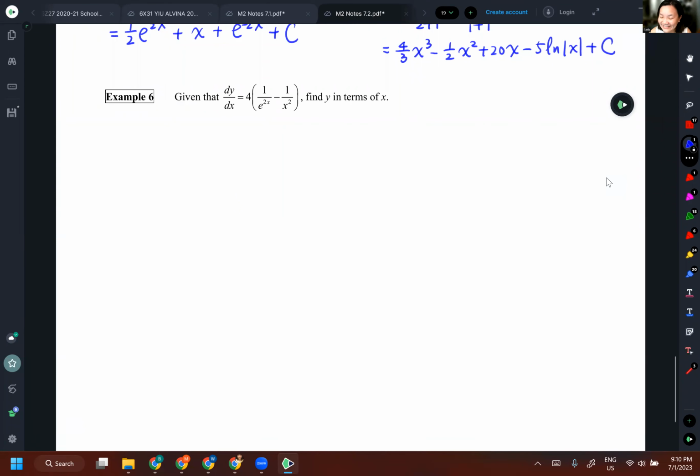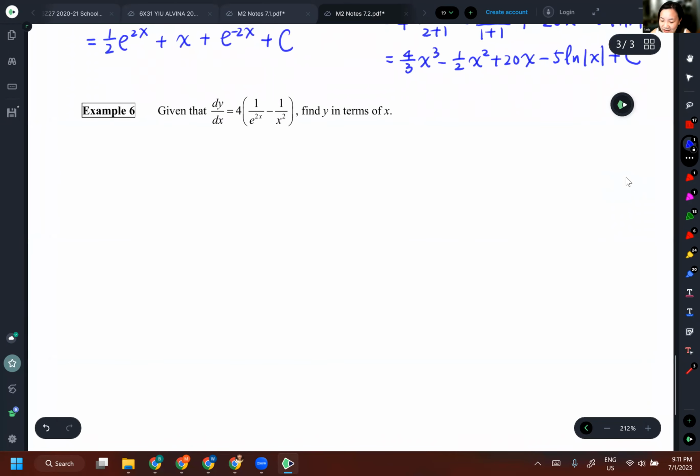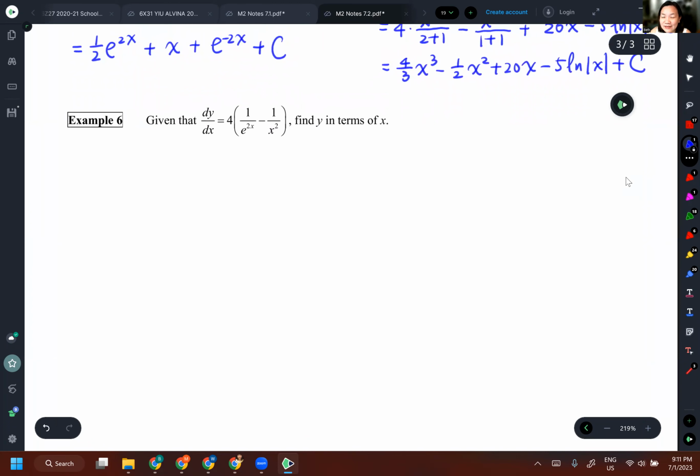Okay. Example 6. It's given a derivative. Can you find y? Now, if we follow the first lesson concept, now you need to tell what is what.